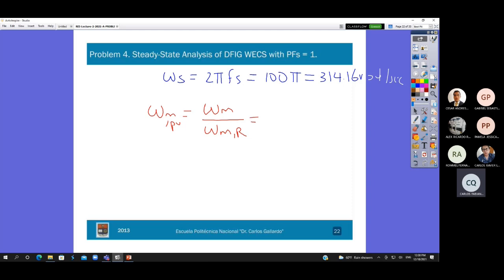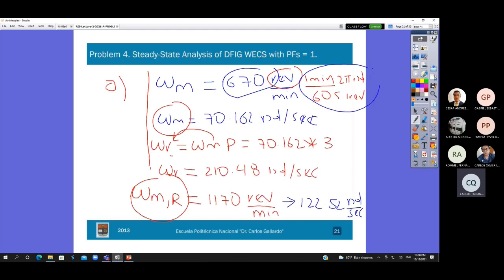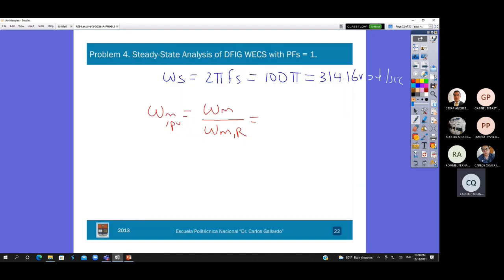But in this case, I will have it in radians per second. From the previous calculation, this is my first value and this is the rated value. Therefore, I will compute the speed ratio: 70.162 radians per second over 122.52 radians per second.